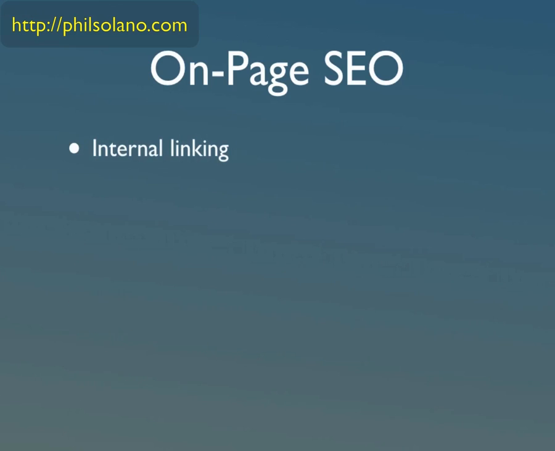Internal linking is also very important. Linking is basically what they call a hypertext link. That's a link that's often coloured blue and has an underline under the word or keyword phrase, and when you click on it, that takes you to another page.